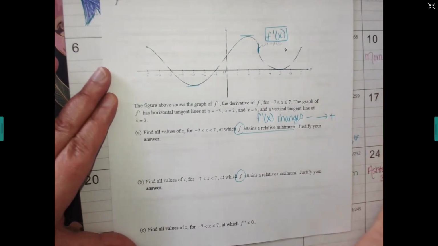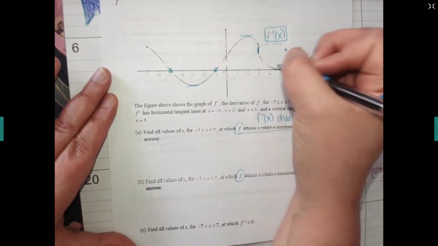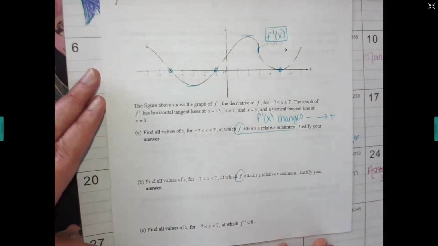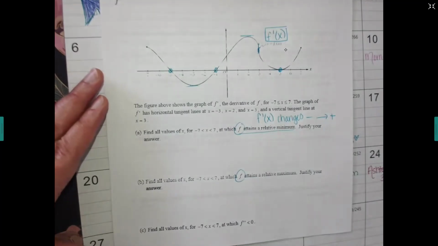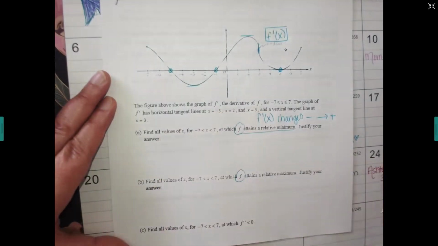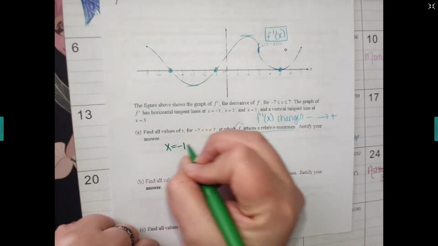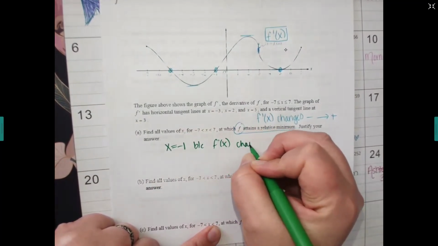Okay, so when I'm looking at my graph, my critical numbers are going to be all of these spots along the x-axis. But in order for it to be a minimum, it has to go minus to plus. So where does that happen? -1. So you would put x equals -1 because f prime of x changes minus to plus.